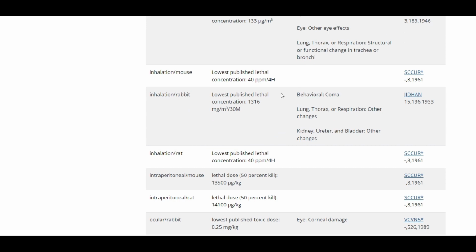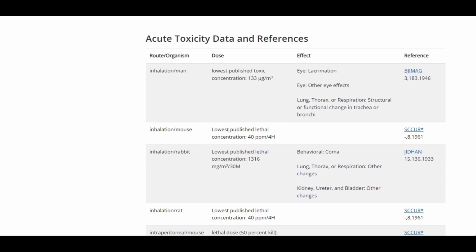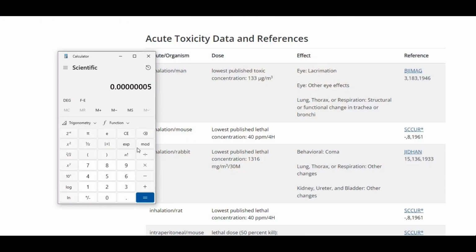Anyway, now I told you we'd come back to this figure. 40 parts per million over 4 hours. So that's 400 milligrams per cubic meter of air for 4 hours. So let's take this number, times it by 4, and we get that figure.